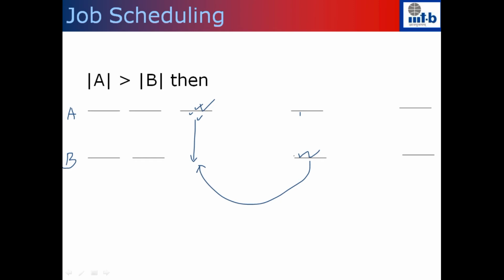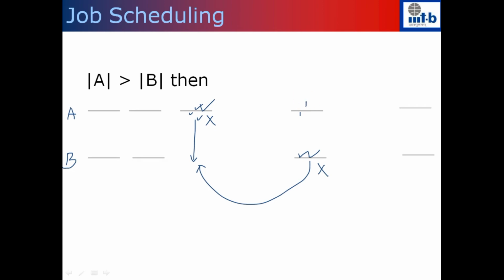So the deadline of this job, which is X, is certainly greater than or equal to this day, because in schedule A this job is scheduled on this day. So B should also be able to schedule it on this day. So we will move this job from here to here.